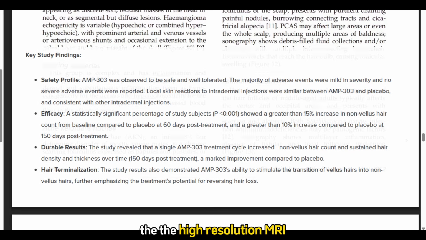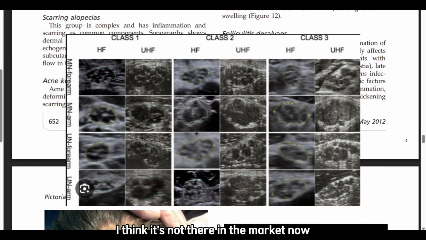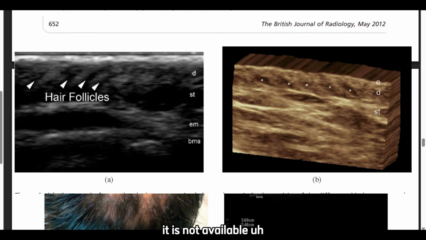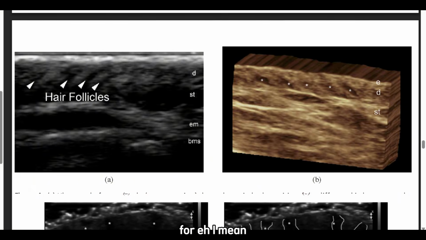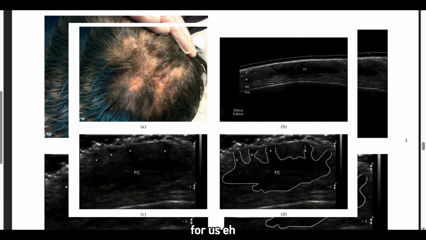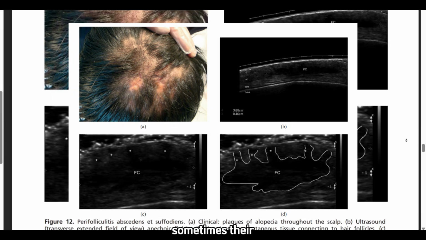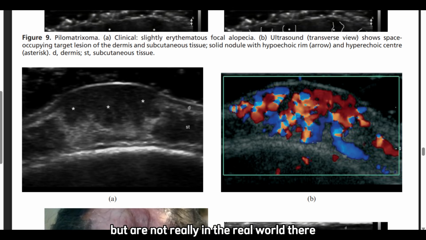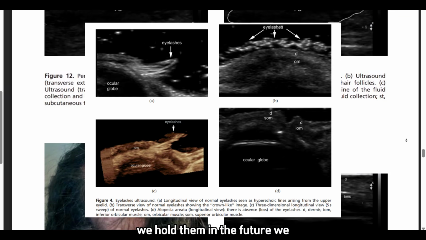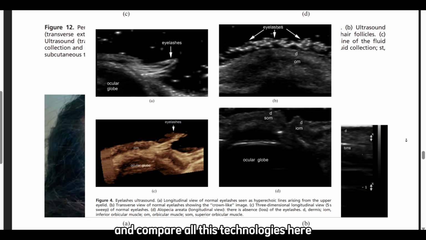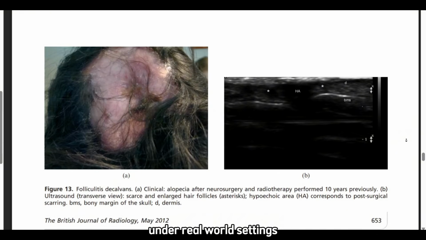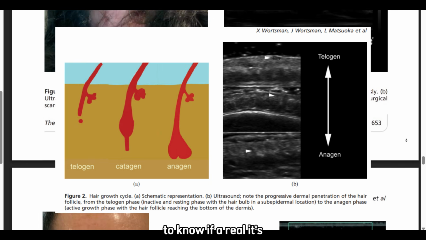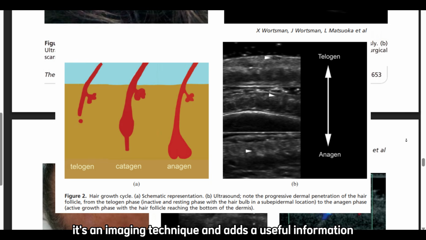Regarding the high resolution MRI, I think it's not in the market. That is something in research. It is not available, I mean, for us. Sometimes there are technologies that are only on papers, but are not really in the real world. We hope that in the future we can have it and compare all these technologies under real world settings, because that is the way to know if an imaging technique can add useful information.